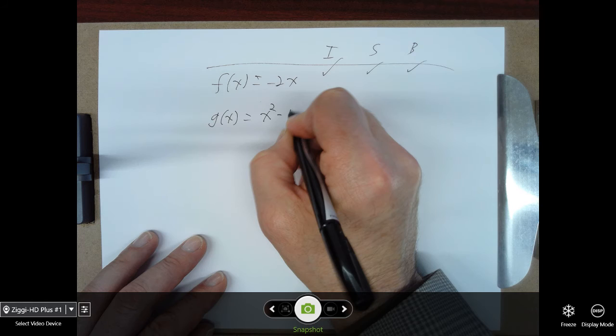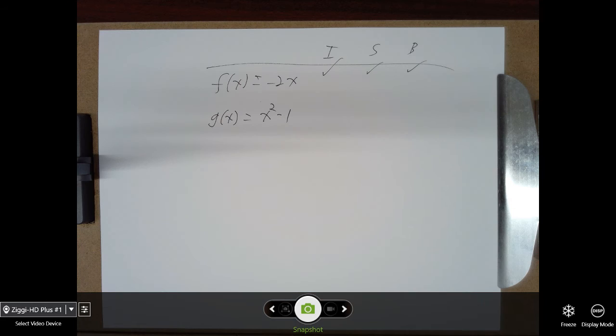How about x squared minus 1? Is that injective? Yeah, it's not injective because 1 squared minus 1 is the same as minus 1 squared minus 1. So it's not injective. And why is it not surjective? Well, I was just thinking that it's a parabola, and they never seem to be injective or surjective. Cool.